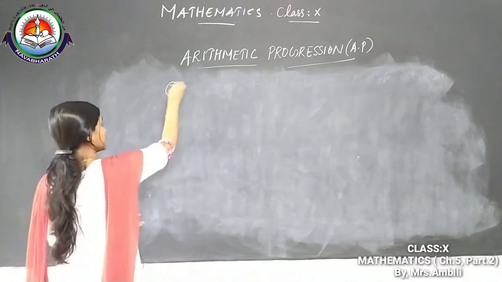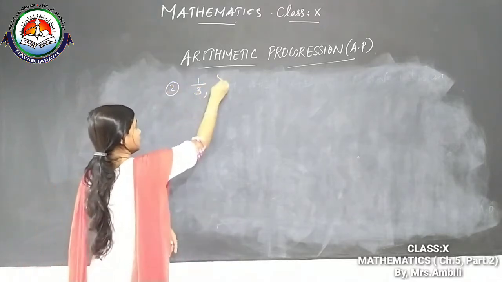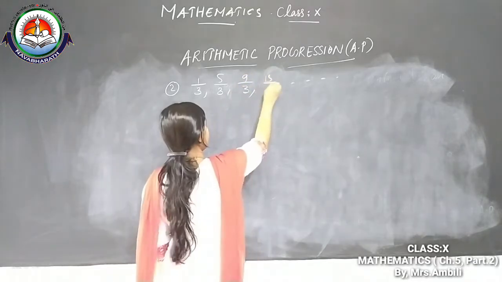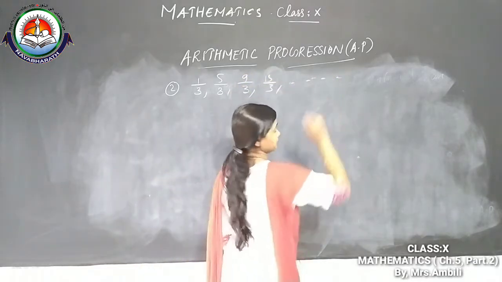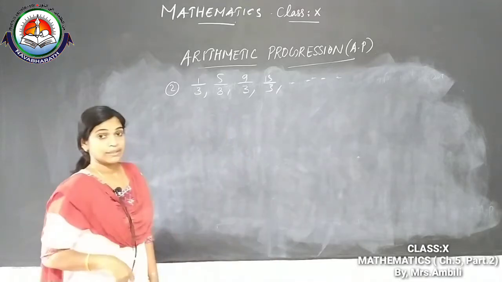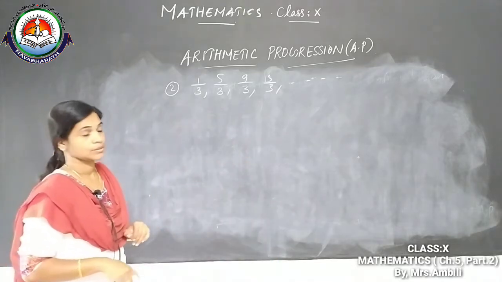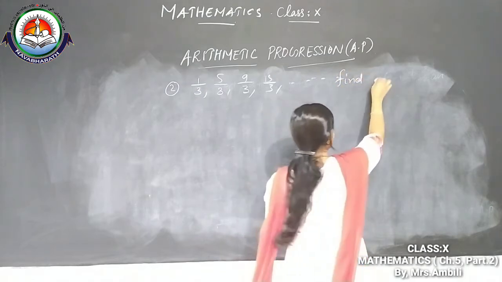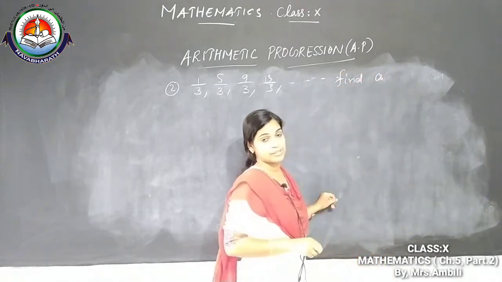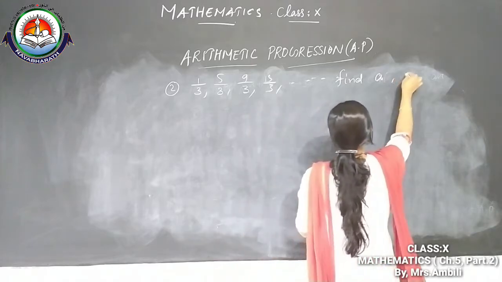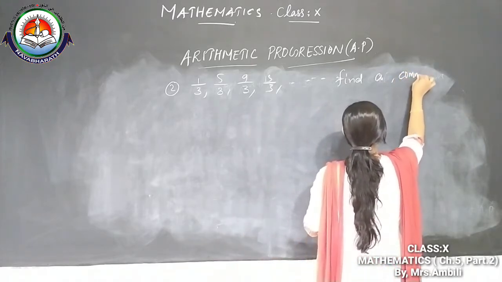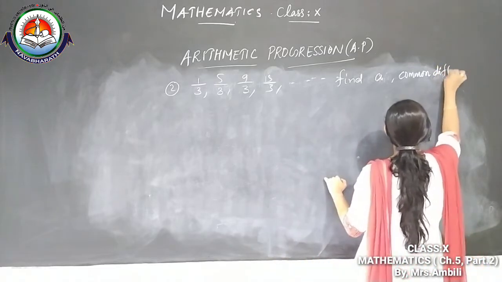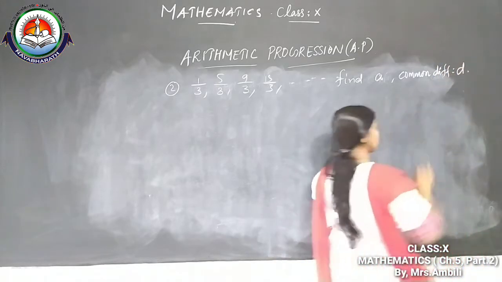Then write the second question. 1 by 3, 5 by 3, 9 by 3, 13 by 3, etc. Okay. The question is, one AP is given. Find the first term A and the common difference D. That is our question.